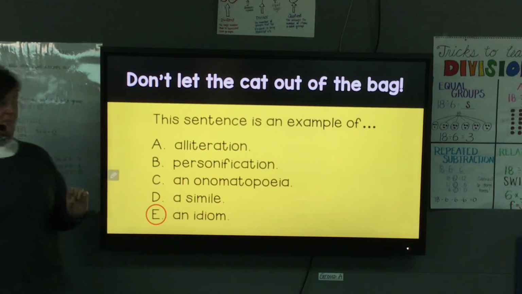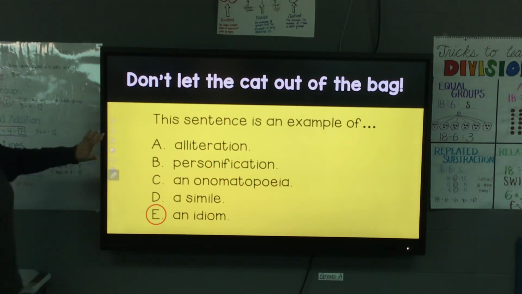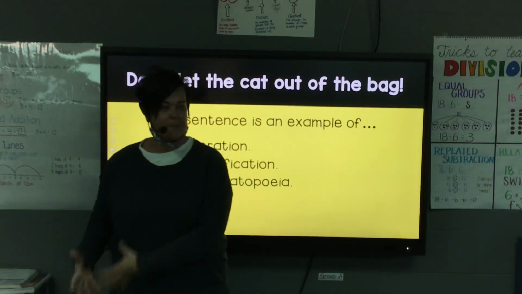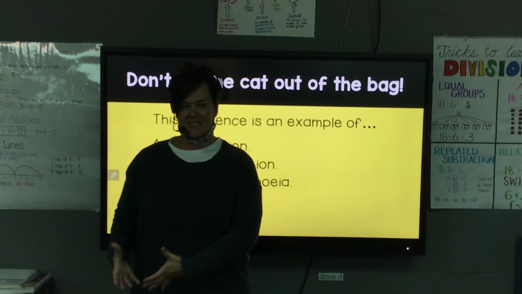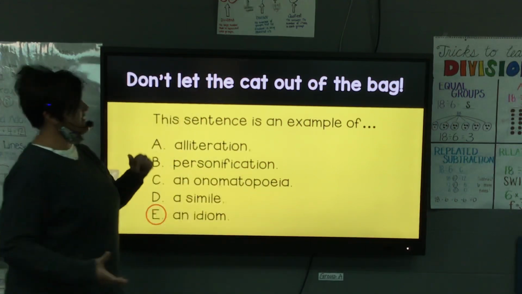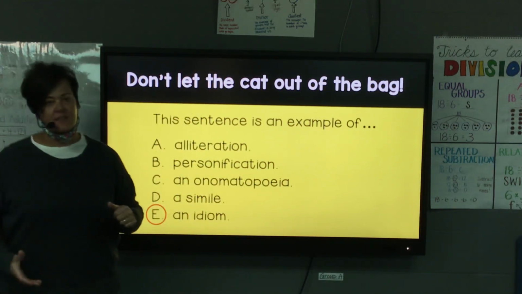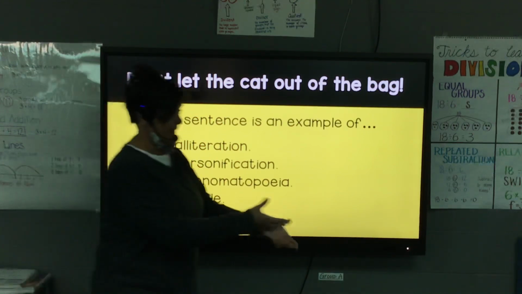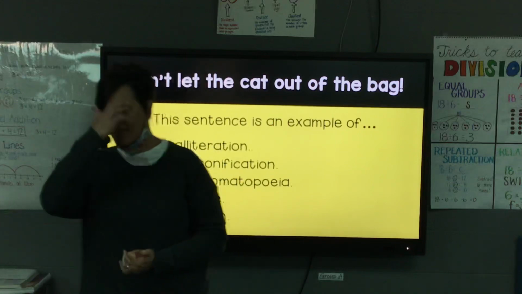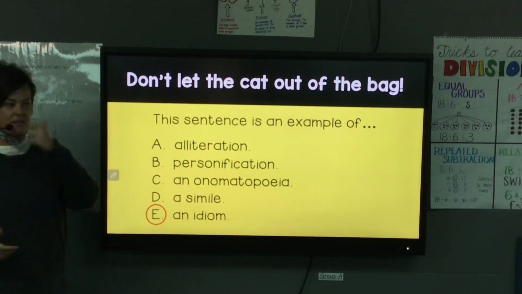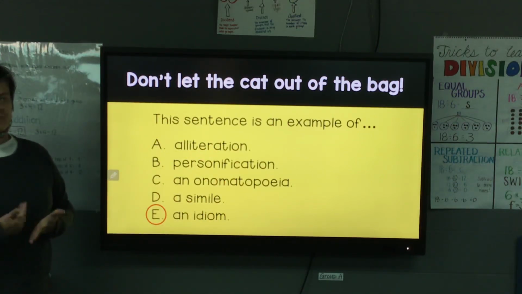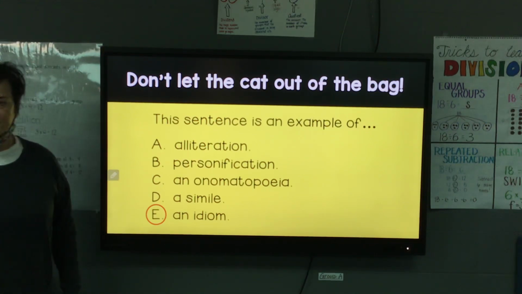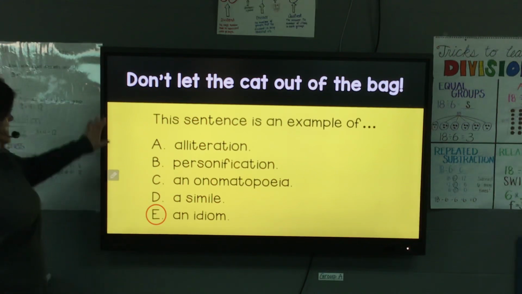It is an idiom, because it doesn't really mean that there's a cat in a bag, does it? I mean, it could. What does that mean? Are you raising your hand, Reese? It means don't tell that secret.